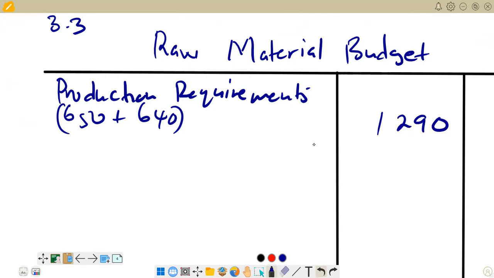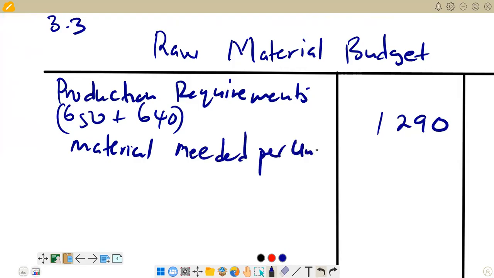Then from there, we can now put the material needed per unit. The idea here is that we are going to calculate by saying 1,290, then we multiply by the material per unit so that we get the production needs.